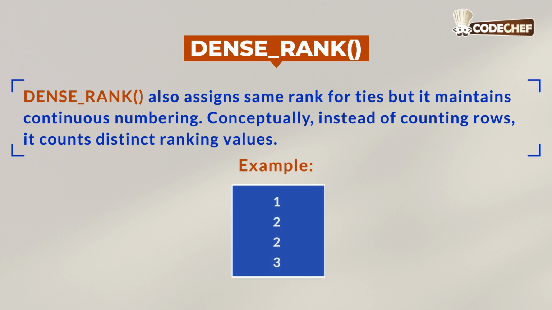For example, let's suppose if the first value has rank 1, second value has rank 2, third value is also similar to the second value, so there is a tie. So again the rank will be 2, but then the next rank will not be 4, it will be 3. This is the difference between rank and dense rank function.